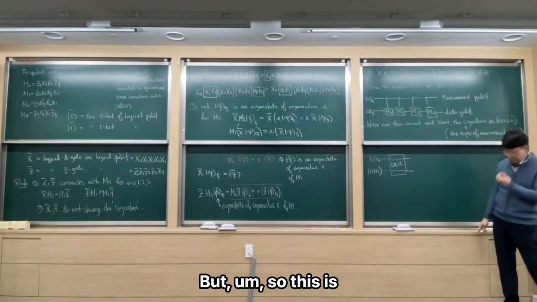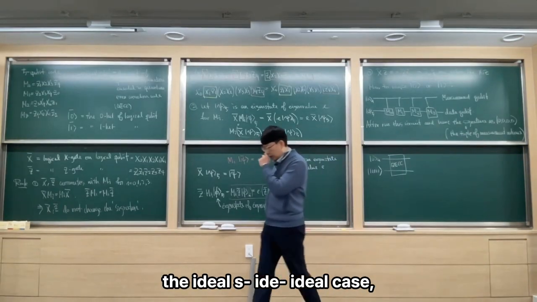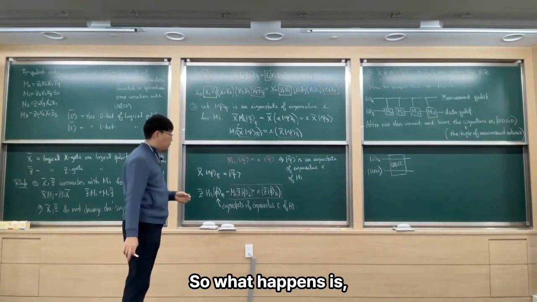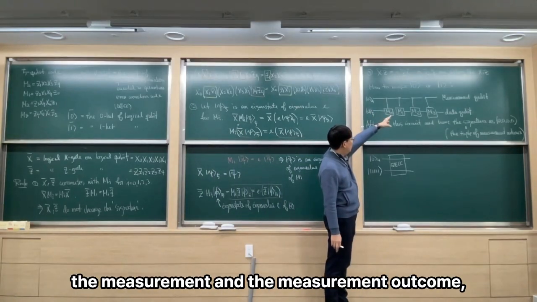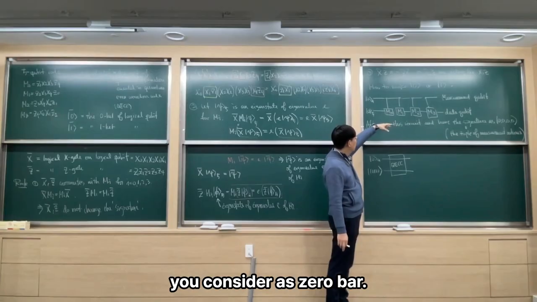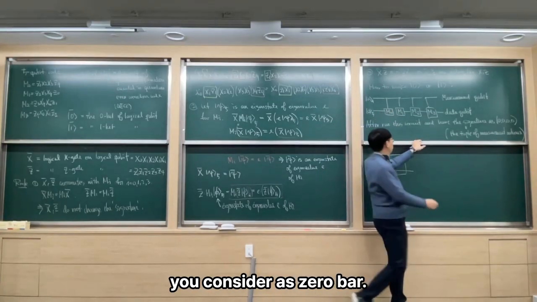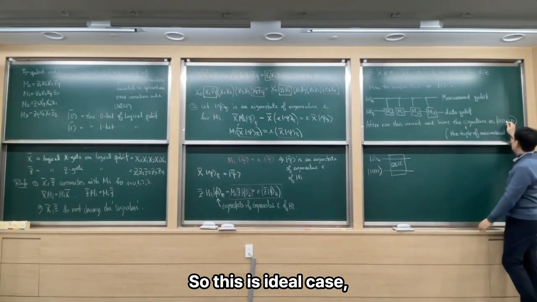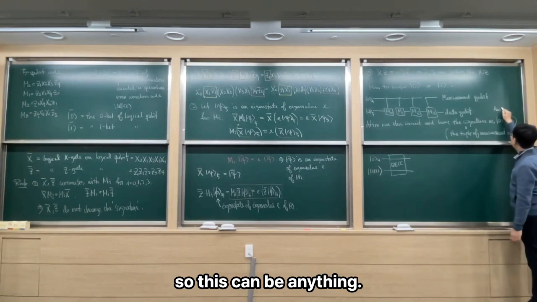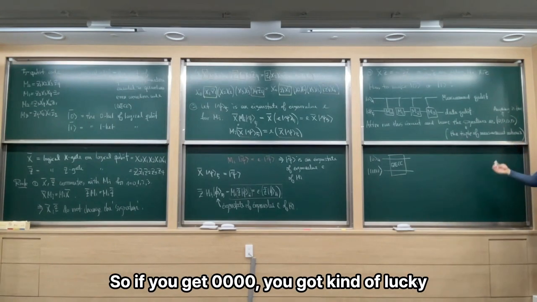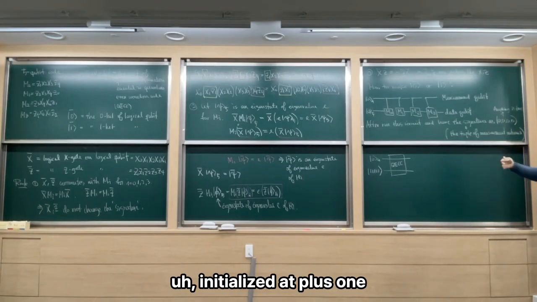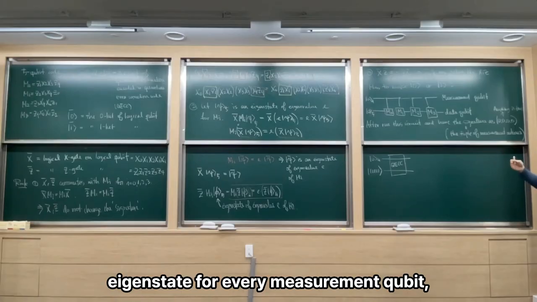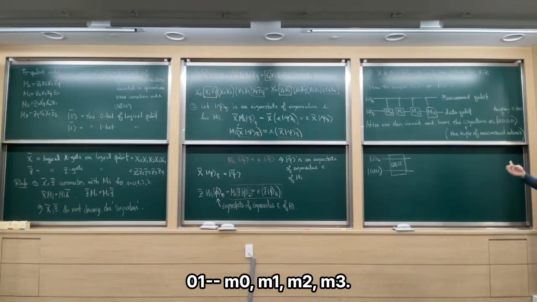But this is the ideal case, and that's not really what happens. What happens is you just take the measurement, and whatever the measurement outcome is, you consider it as 0 bar. So this can be anything. If you get 0, 0, 0, 0, you got kind of lucky that your quantum state on the data qubits is initialized at the +1 eigenstate for every measurement qubit, M0, M1, M2, M3.